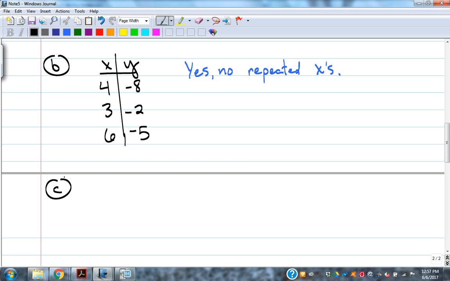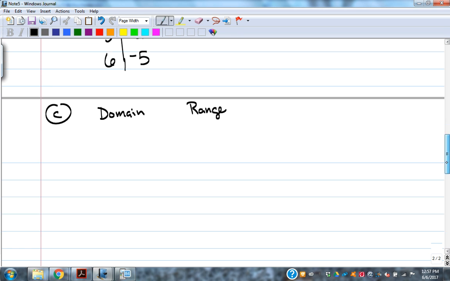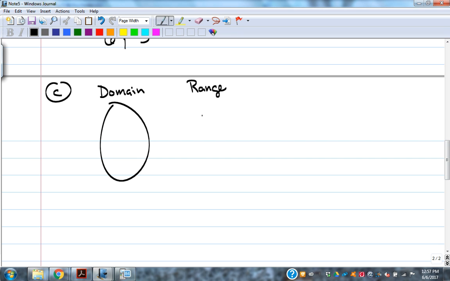Example C, they might give you an ordered pair or a relation in what's called a mapping. Okay, and with the mapping, they have a domain and a range bubble. A bubble for each of those. The domain just has the x values that are in the relation listed.